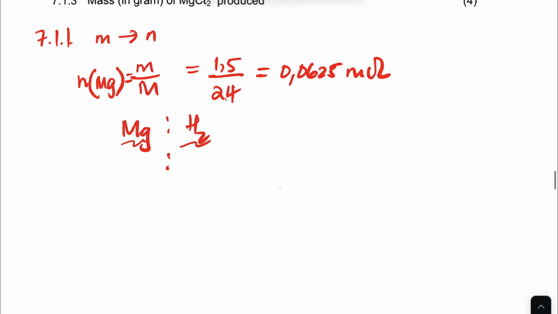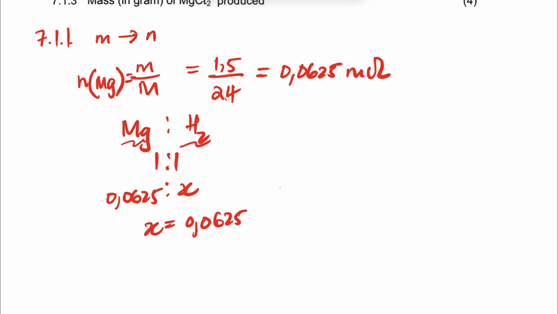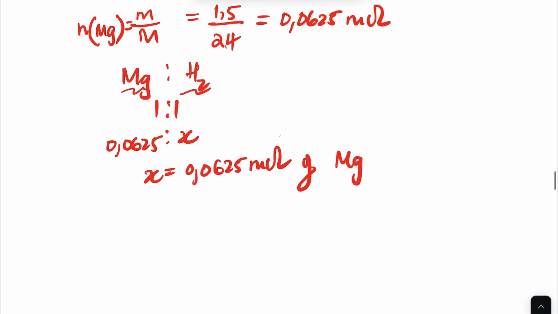So I put 1:1, and we put the magnesium at 0.0625. Then we cross multiply. Your X is going to be the same as 0.0625 mole of hydrogen.